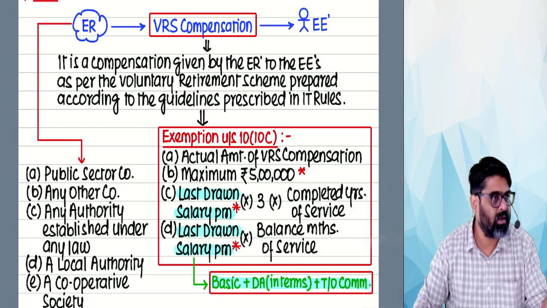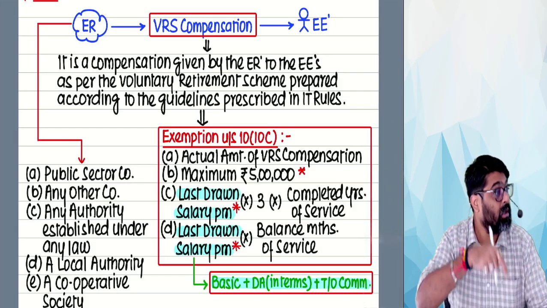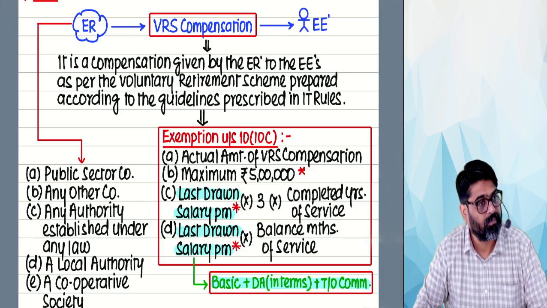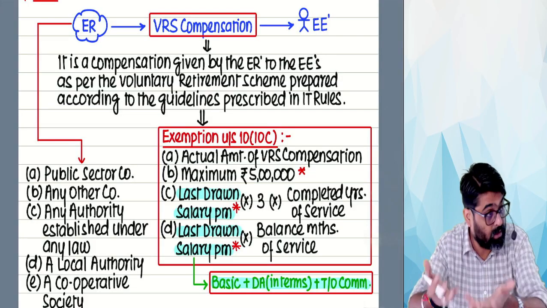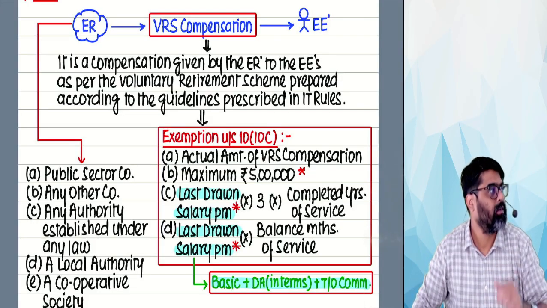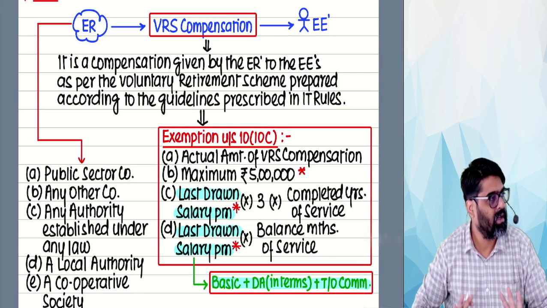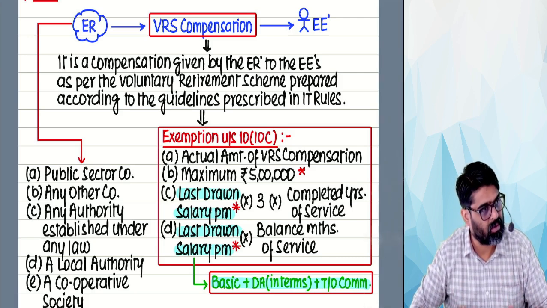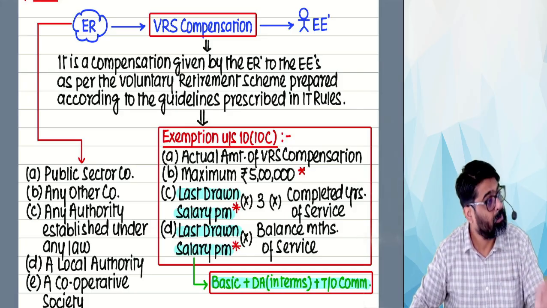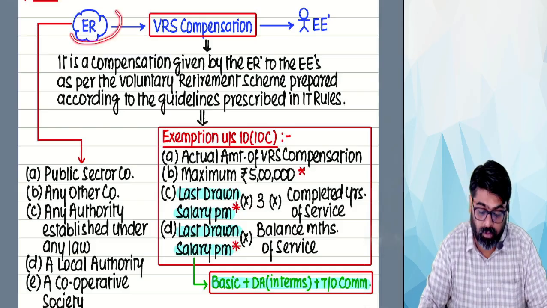So either this 75 lakhs or 60 lakhs, whichever is higher, should be given as compensation in the scheme guidelines. Even if you don't remember these guidelines, no problem, because the employee does not have to follow them. While preparing the scheme, these guidelines have to be followed.